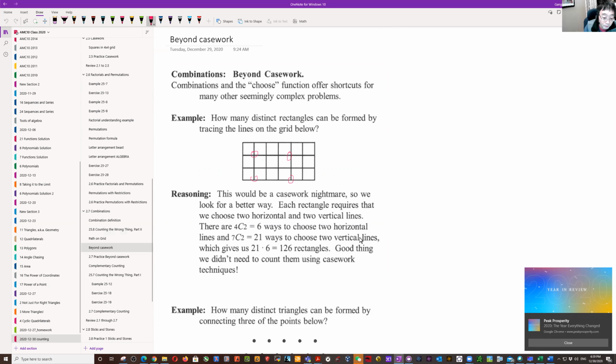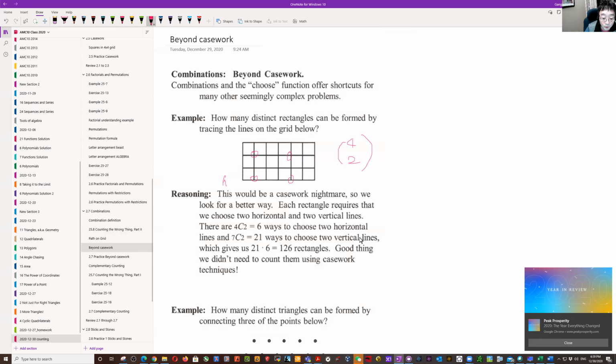But there's one way: we have to choose two horizontal lines, and the vertical has to be two lines as well. So out of the 4 horizontal positions, it's 4 choose 2.